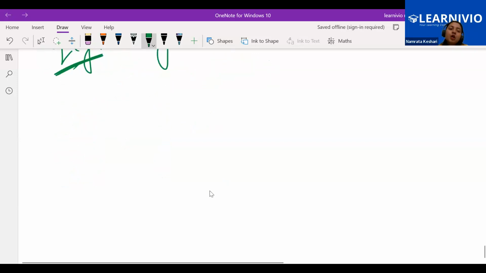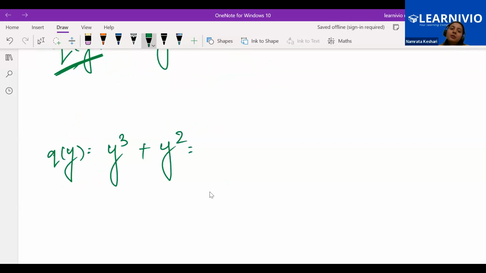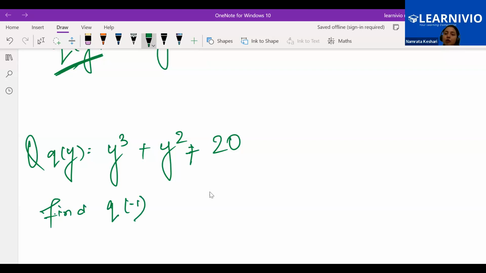Okay, so this is how we will represent our polynomial. Now if a polynomial is given like this, let's say q(y) is given as y to the power 3 plus y square plus 20. Okay, now if the question is find q of minus 1, then what we will do, Sara?